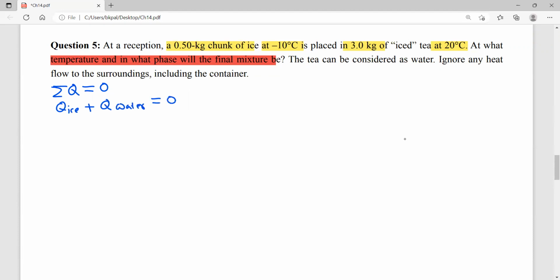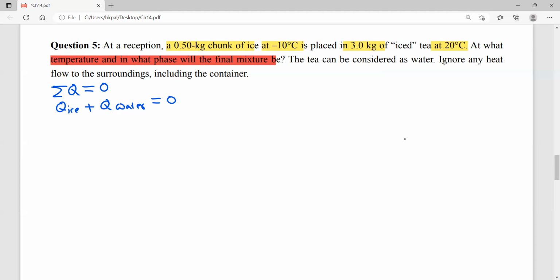Now Q ice will have several terms. Why? Because the ice is at minus 10 degrees Celsius. So we'll have one term to raise the temperature from minus 10 degrees Celsius to 0 degrees Celsius, then at 0 degrees Celsius there will be a phase change, and then a term from 0 degrees to some final temperature.